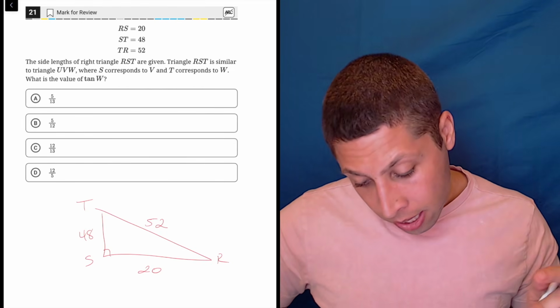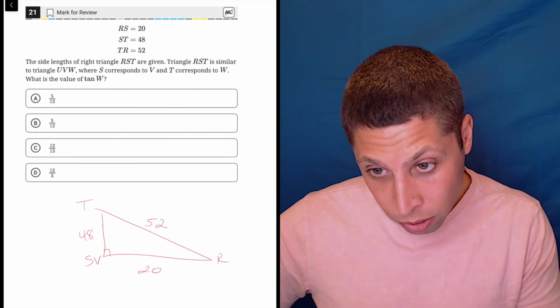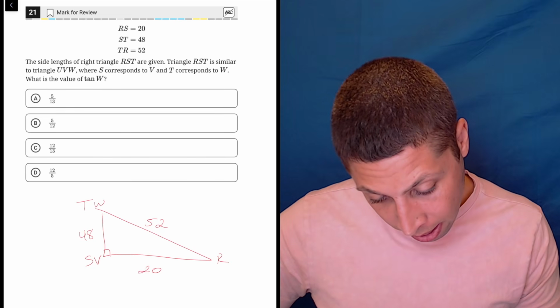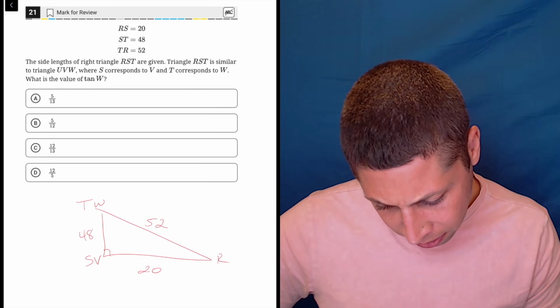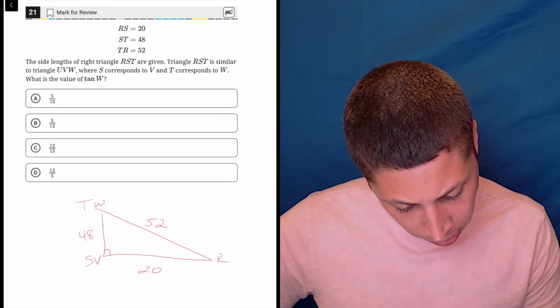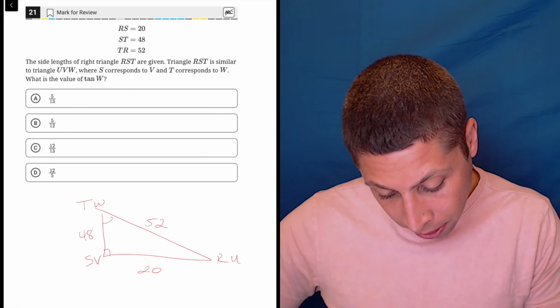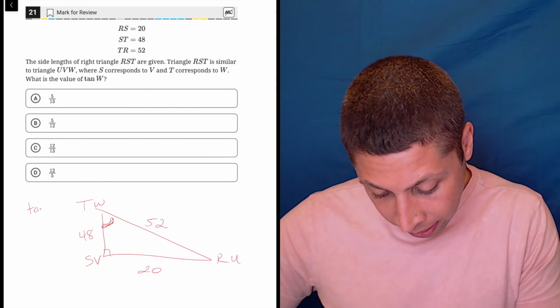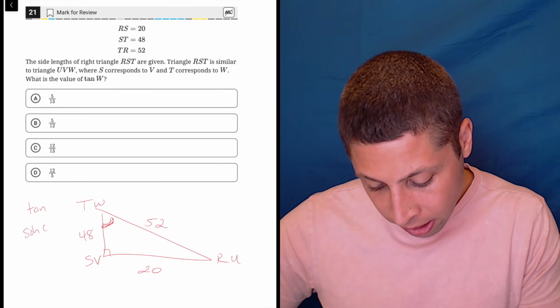And then UVW, S corresponds to V, T corresponds to W, and that means R must be, what's left? U. Okay, tan of W, so W's up here, and tan is the SOHCAHTOA.